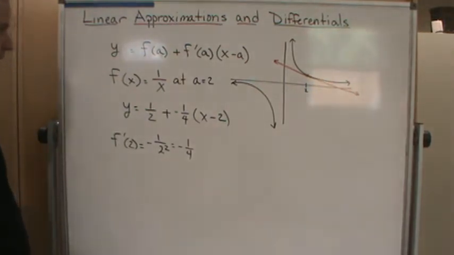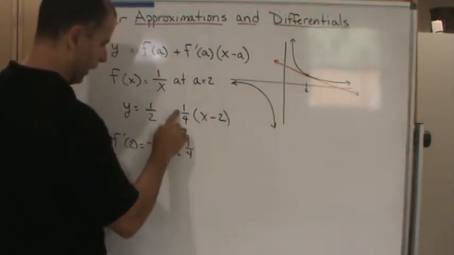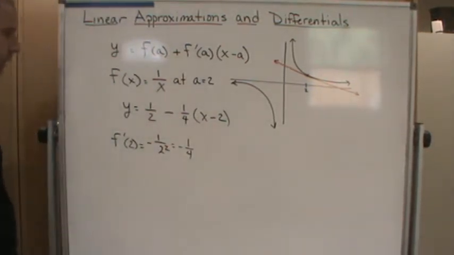Of course, we can write this as a subtraction. And so there's our equation for the tangent line, and we can write it that way. We can also write it in y equals mx plus b form like we have in the past, but let's leave it in this form.